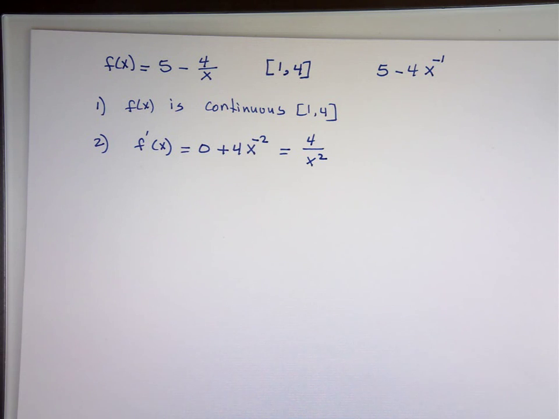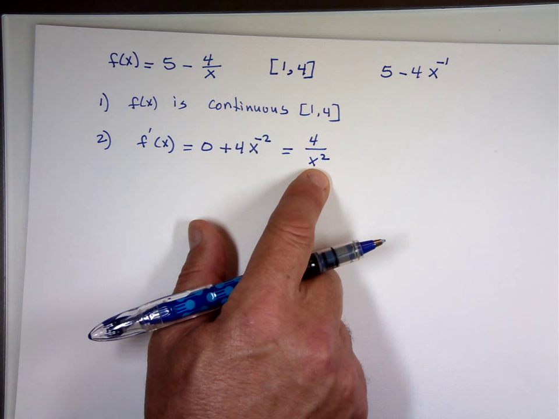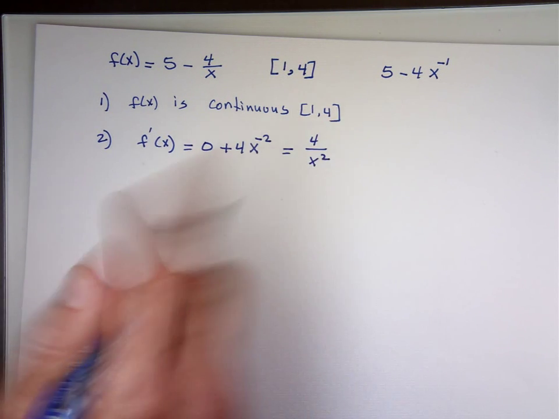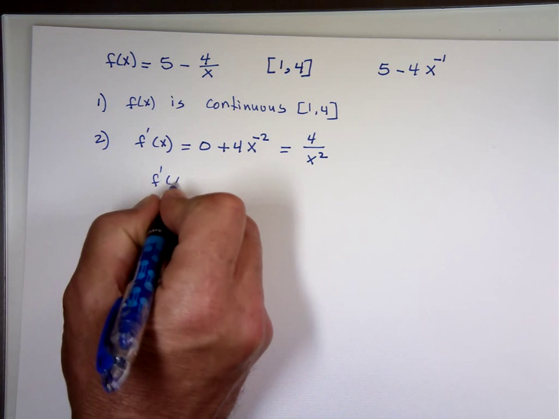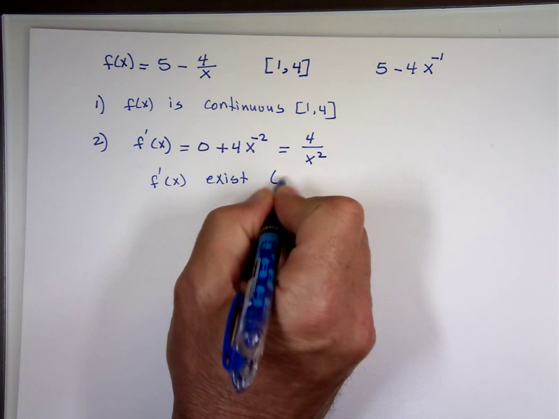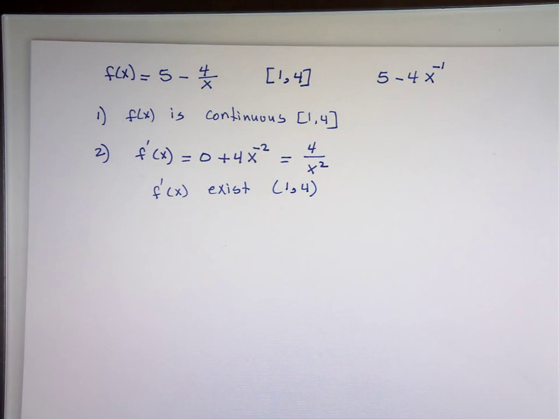Now notice the derivative here exists except for what? 0. But again, my limit is outside that. So f prime of x exists from 1 to 4. So condition 1 is good.